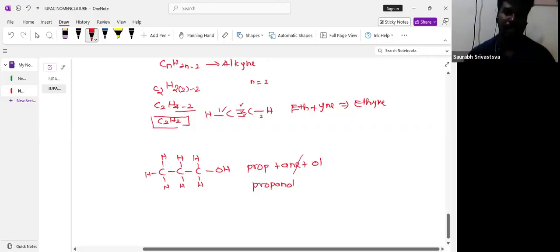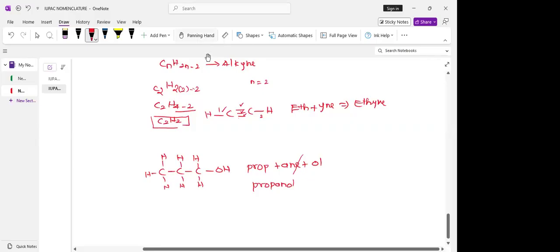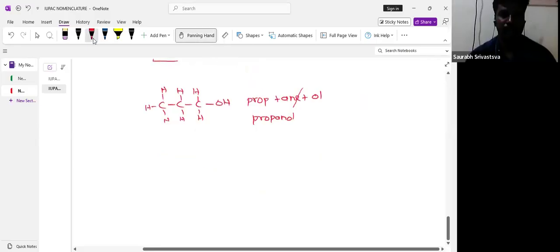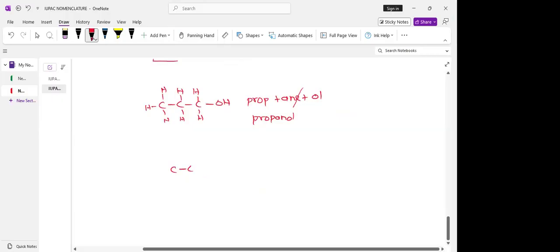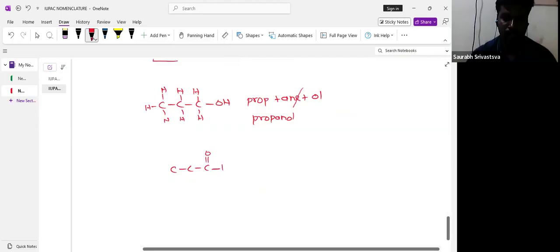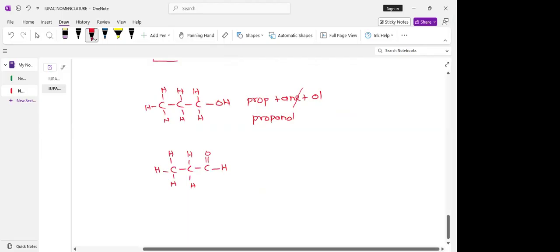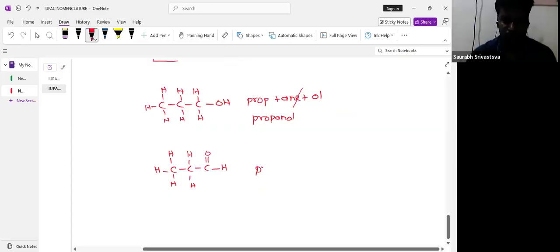Next case. You are going to write carbon, 1 carbon, 3 carbons. Here a double bond O, and H. Here hydrogen, here hydrogen, here hydrogen, and here hydrogen, here hydrogen. Now how many carbons are there? 3 carbons are there, correct? Then 3 carbons means prop.